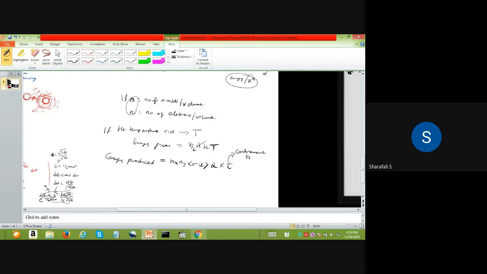Confinement time means how much time that plasma state will be there, with that electron and nuclei having that much kinetic energy in your system. How much time, the time interval, it will be there in a plasma state. That is the confinement time. Only in that time can we have this nuclear fusion reaction.